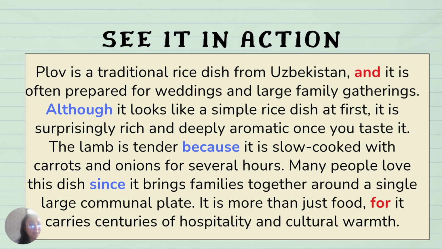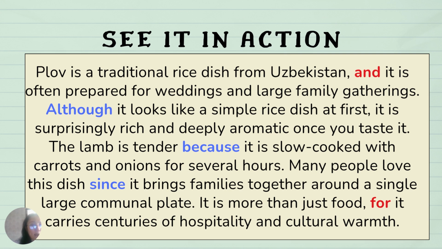The lamb is tender because it is slow cooked with carrots and onions for several hours. Many people love this dish since it brings families together around a single large communal plate. It is more than just food, for it carries centuries of hospitality and cultural warmth.